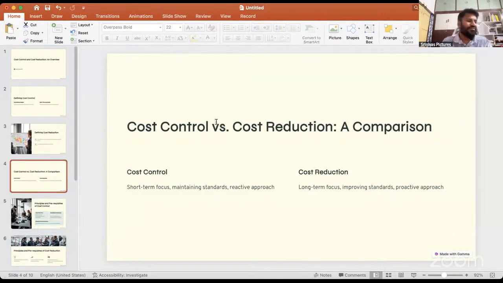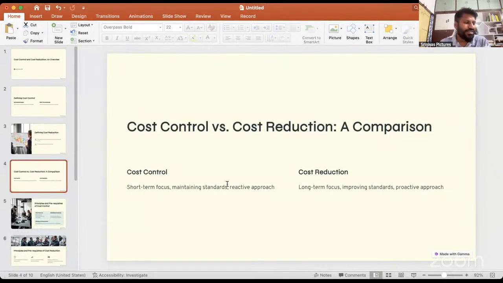What is the difference between cost control and cost reduction? Cost control and cost reduction are two different elements. Cost control has a short-term focus, whereas cost reduction has a long-term focus. Cost control is maintaining standards, a reactive approach, and cost reduction is improving standards, a proactive approach.